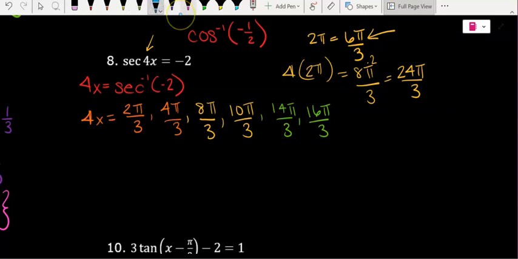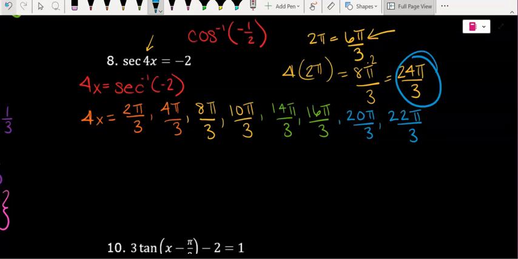I'm going to add 6 pi over 3 again, and that's going to get me 20 pi over 3 and 22 pi over 3. If I added 6 pi over 3 again, I'd be at 26 pi over 3, which is larger than 24 pi over 3. And that's why I know I need to stop.